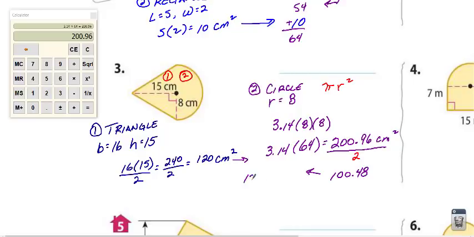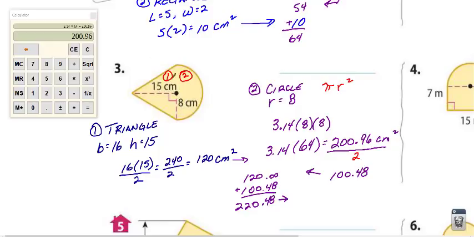So now I'm going to add that. I've got 120 plus 100.48. Add those together. I get 220.48. Remember my instructions at the top, round to the nearest tenth when necessary.